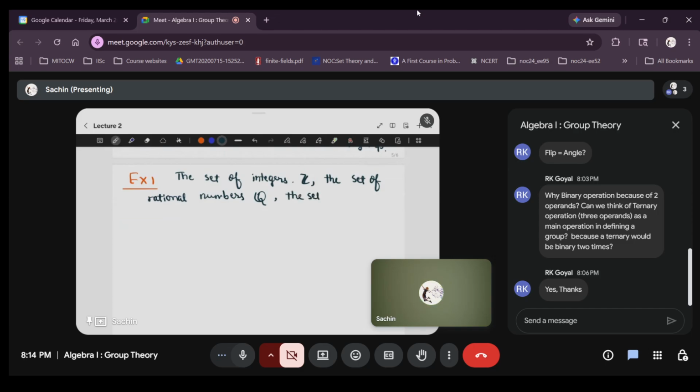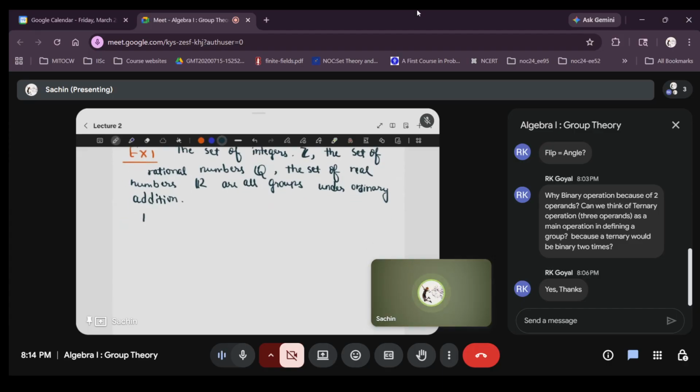And the set of real numbers, so all of them are groups under ordinary addition. This is just the addition we learned in school. In all these cases, the identity is the number 0 and the inverse of x is minus x.